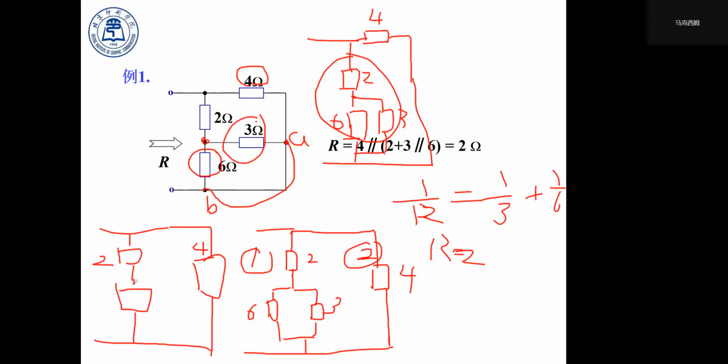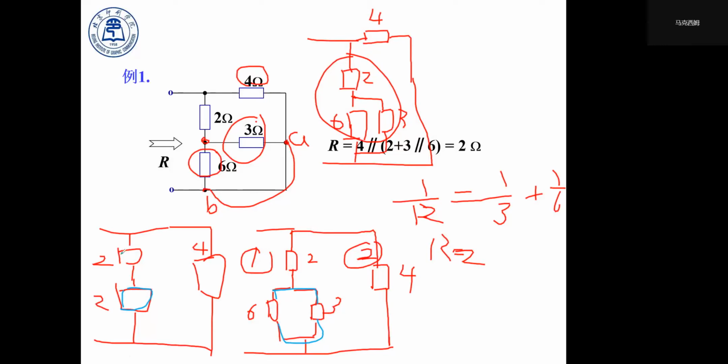We replace the 6 and 3 ohm with a 2 ohm resistor. So you can see we replaced this part by this one, a 2 ohm resistor.